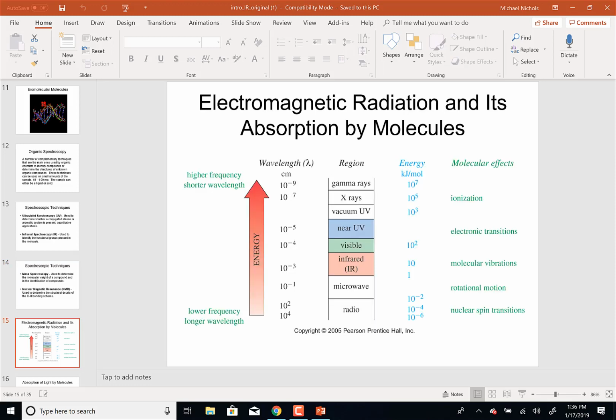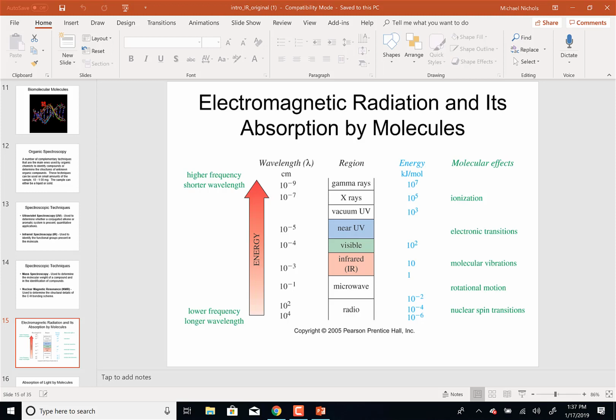Okay. All of these are based on electromagnetic radiation. All except mass spectrometry. So what is electromagnetic radiation? Well, remember that there's all these types from general chemistry, physics. You've got high energy like gamma rays and X-rays, down to things that are pretty innocuous like radio waves.